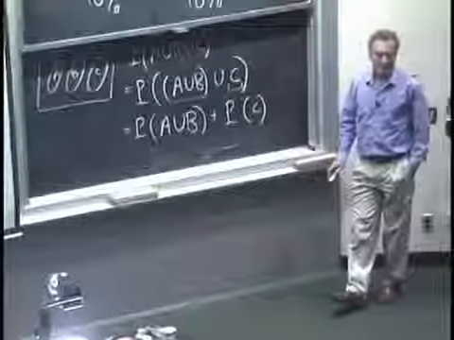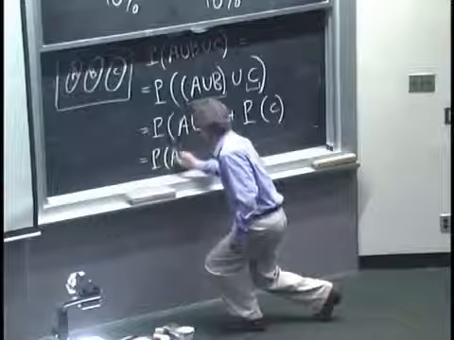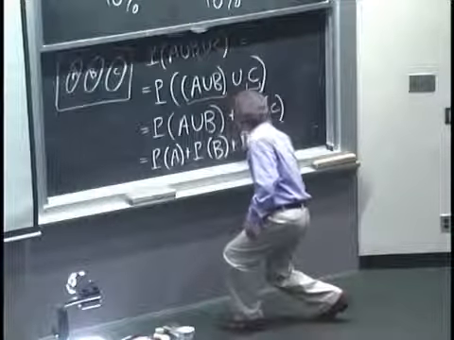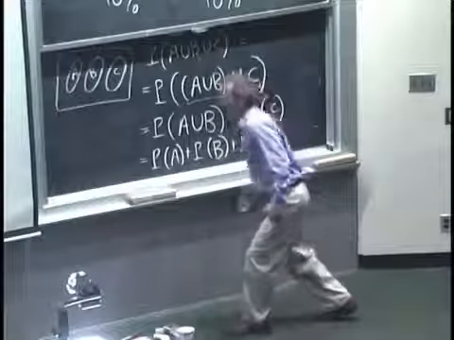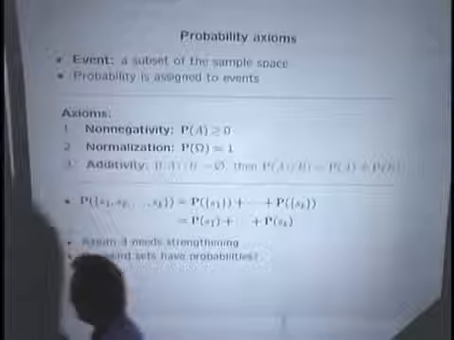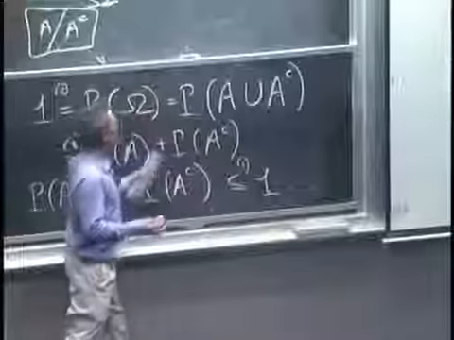And now I can use the additivity axiom once more to write that this is probability of A plus probability of B plus probability of C. So by using this axiom, which was stated for 2 sets, we can actually derive a similar property for the union of 3 disjoint sets.